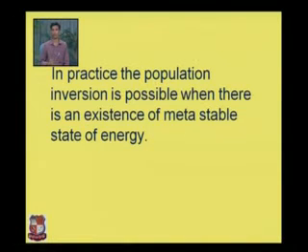So if you mix some particular materials, it will generate some intermediate state which has more stability as compared to the excited state. The excited state has a lifetime of 10⁻⁸ seconds, while the metastable state has a lifetime of 10⁻³ seconds. So the electron can remain 10⁵ times longer in the metastable state as compared to the excited state.